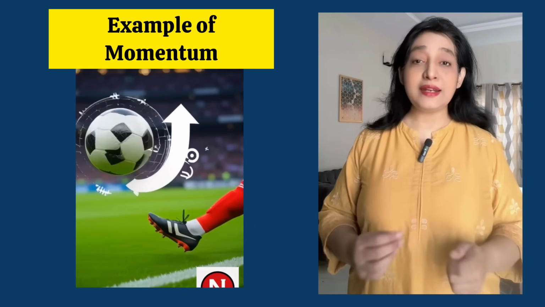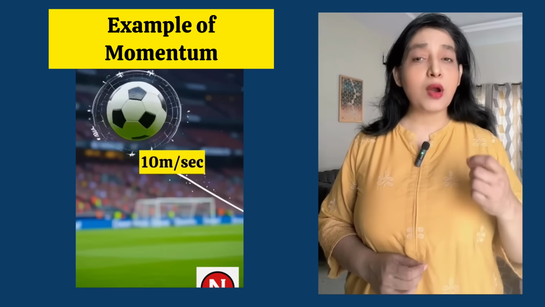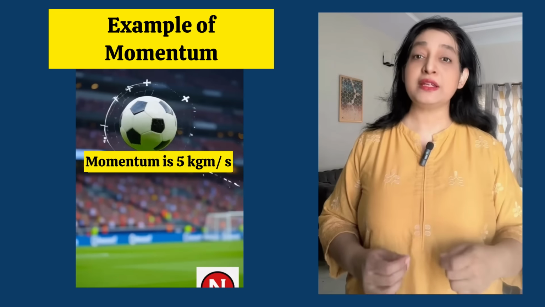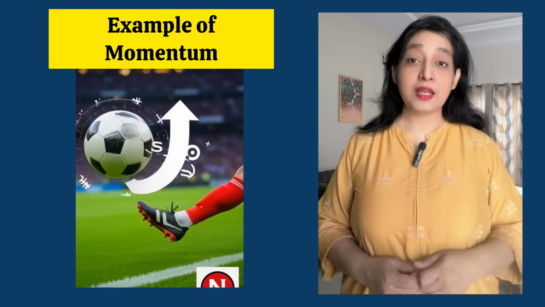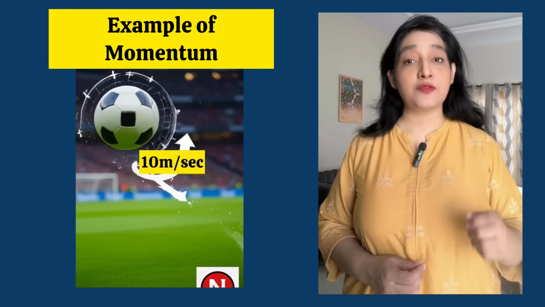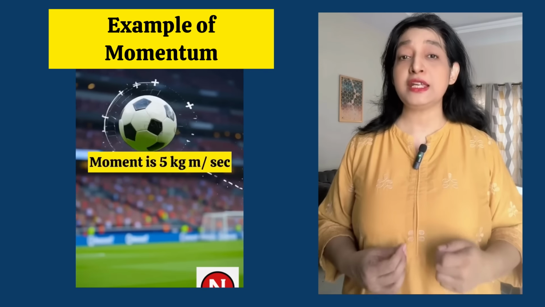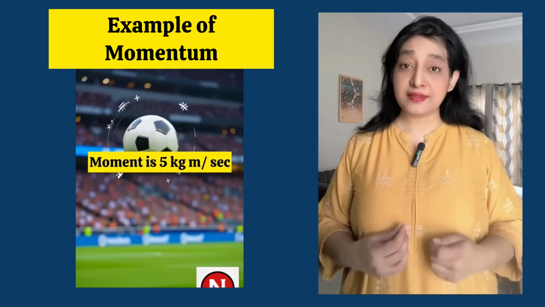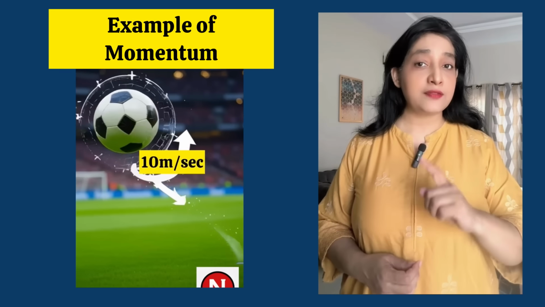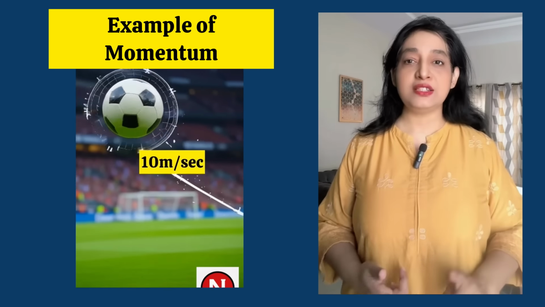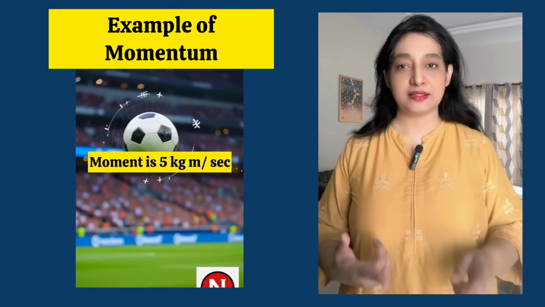Okay, now let's try an example. Look at the diagram. Imagine a 0.5 kg soccer ball moving at 10 meters per second. Its momentum is 0.5 times 10, which equals 5 kg meter per second. If you kick it with a force of 50 newtons for 0.1 seconds, the impulse is 50 times 0.1, which is 5 newton second, which changes the ball's momentum by 5 kg meter per second.